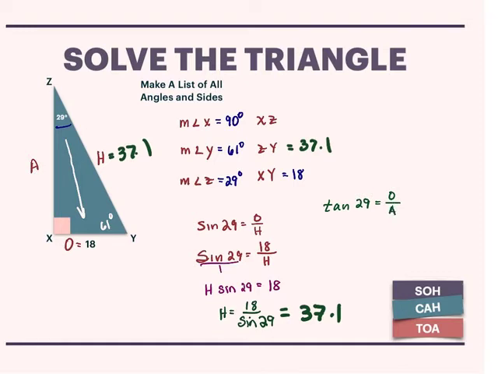So tan 29 is the opposite, 18 over the adjacent, and I'll just call it A. You'll do exactly the same thing that we did right here. You'll multiply and you'll do some division. You'll find out A is equal to 18 over the tangent of 29. So let's just check that on our calculators here. 18 divided by the tangent of 29 equals 32.5.